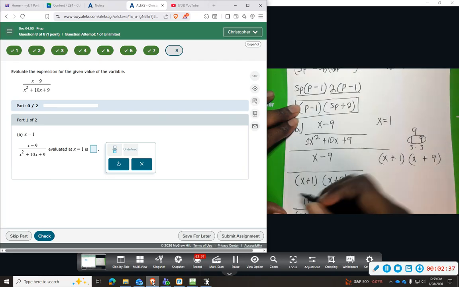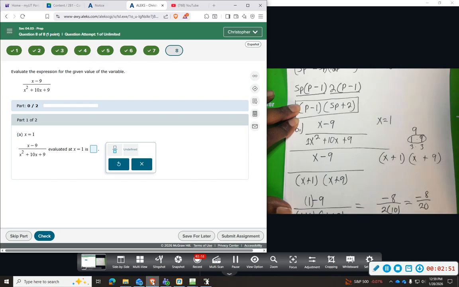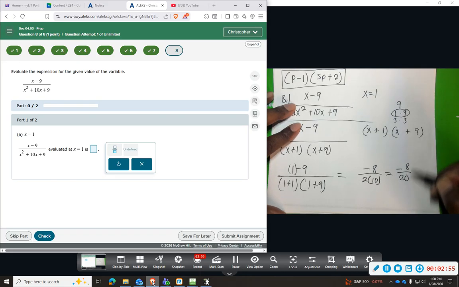So 1 minus 9 gives me a negative 8. 1 plus 1 is 2. And 1 plus 9 is 10. So we are looking at negative 8 divided by 20. And then you can reduce that, divide both by 4, and that gives us negative 2 over 5.